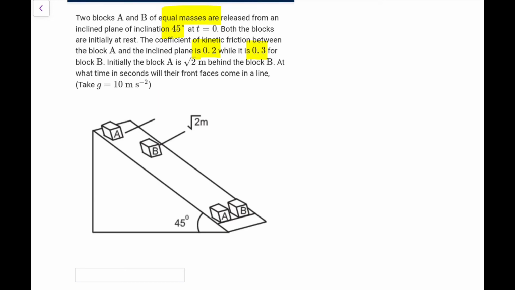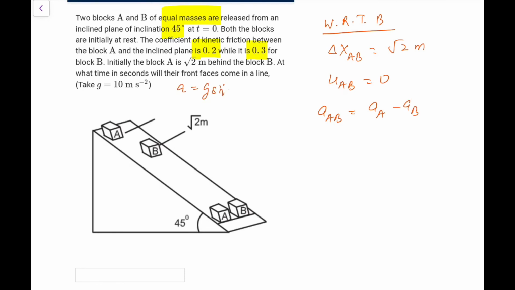So what we'll have here? I see the situation with respect to B. For that, displacement of A with respect to B must be equal to root 2 meters. Initial velocity of A with respect to B is 0. Acceleration of A with respect to B would be a_A minus a_B. And acceleration on the incline, you know, is g sin theta minus mu k g cos theta. So if I subtract, it will become mu B minus mu A into g into cos 45.